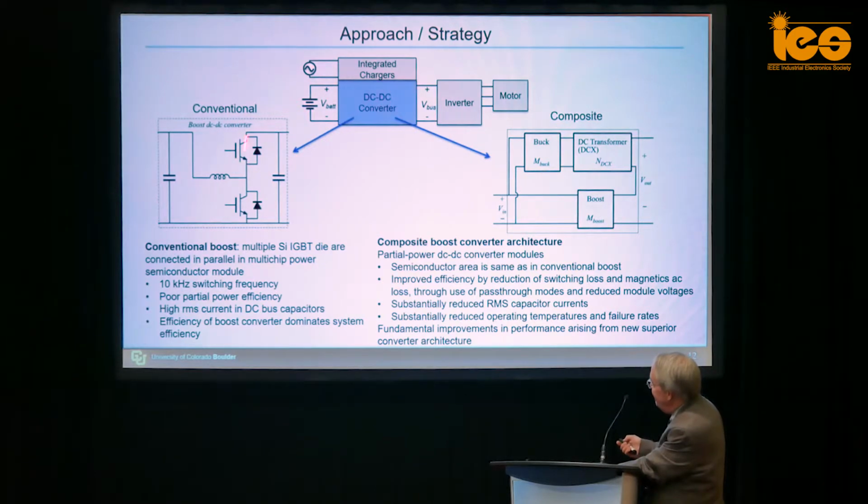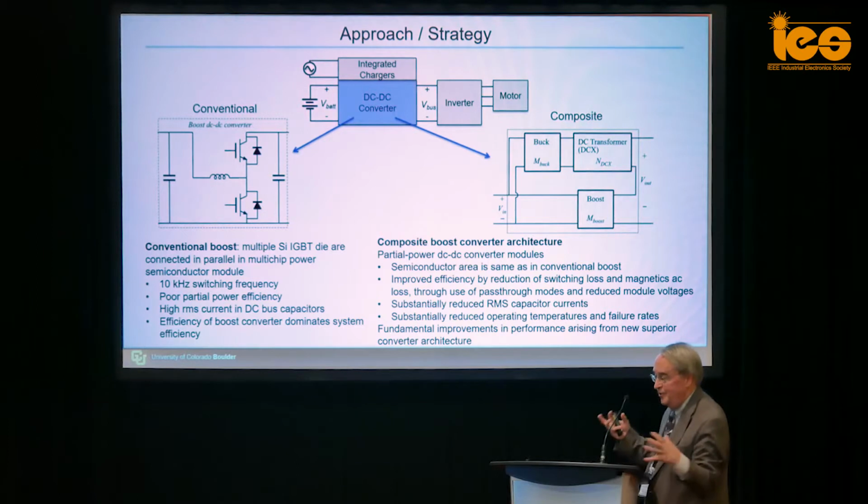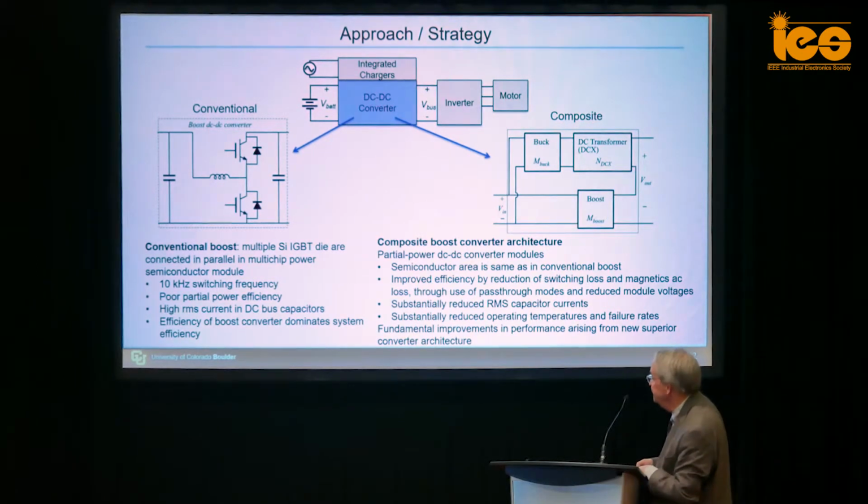When they have to boost by a factor of 3, the efficiency suffers, and there's also poor partial power efficiency. The current in this capacitor is very large. The film capacitors in the Prius are maybe a third of the whole electronics module, and the efficiency of the boost converter dominates the efficiency of the electronics.